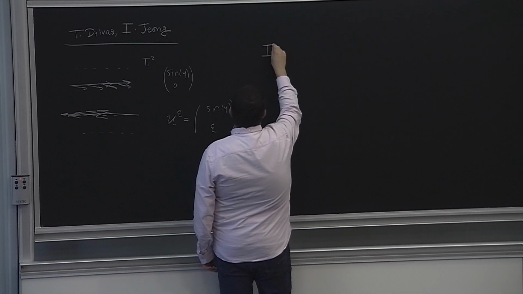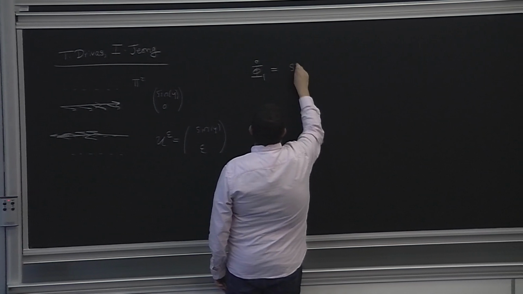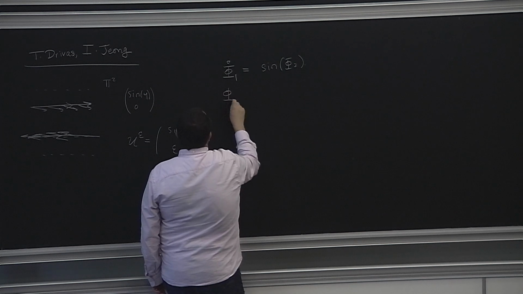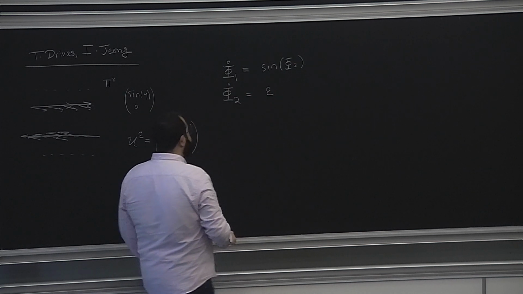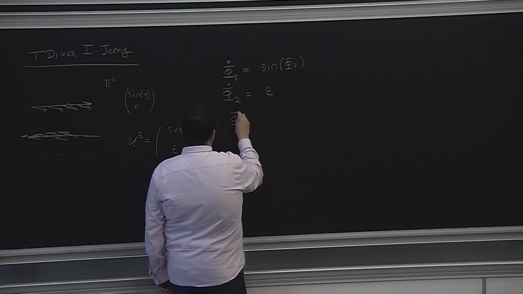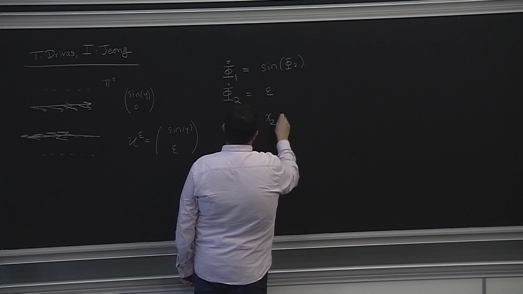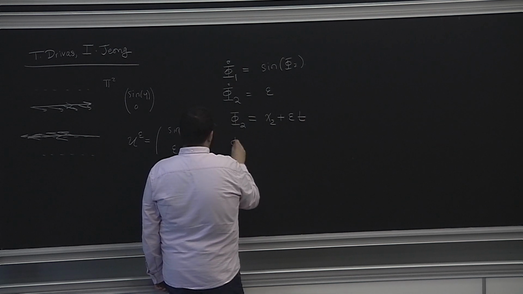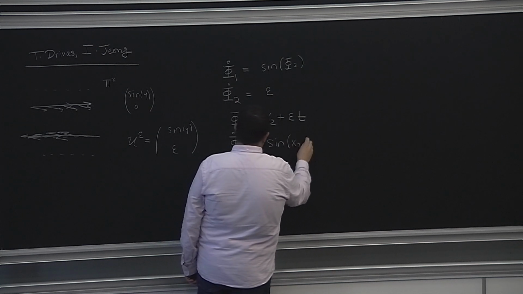So phi 1 dot is sine of phi 2. Phi 2 dot is epsilon. Okay? So you solve it, you get phi 2 is x2 plus epsilon t. Phi 1 dot is sine of x2 plus epsilon t.